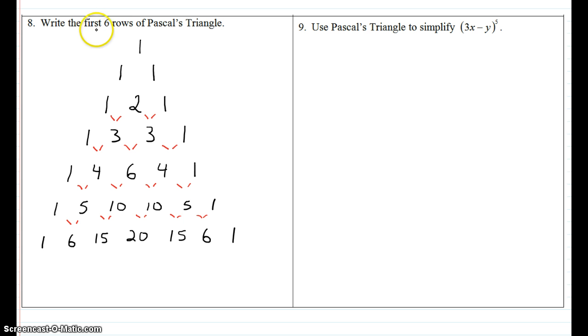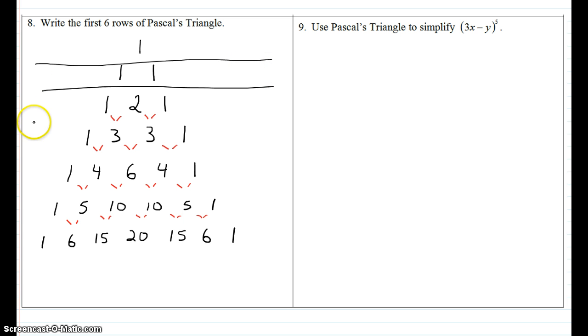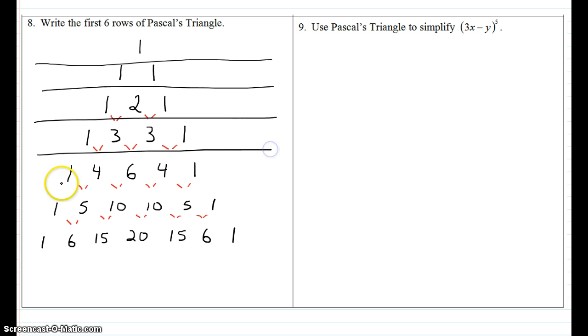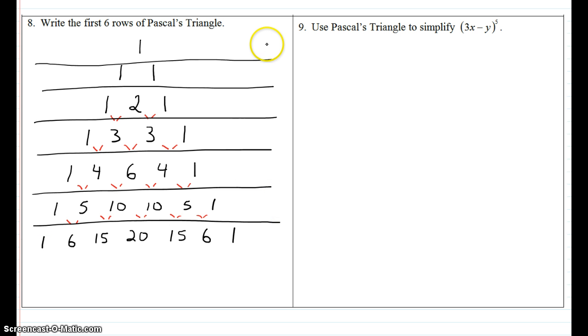And so now I like to draw these lines. And this isn't our first row, this is our 0 row, and then 1, 2, 3, 4, 5, 6.